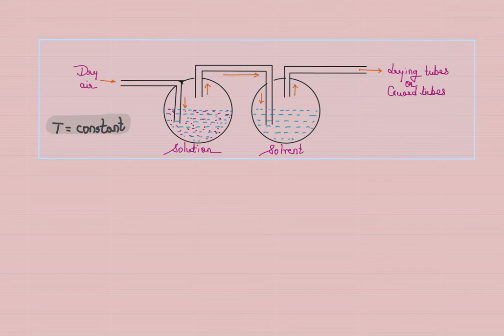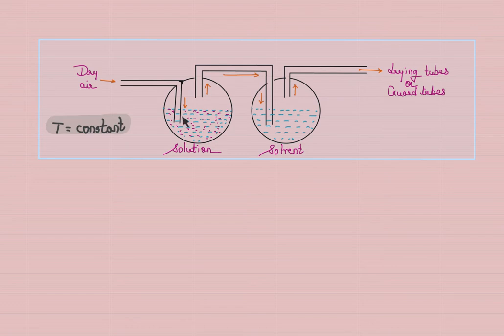Now, you can see that there is this dry air which is made to pass through this first bulb. This first bulb has solution in it, which means the solvent plus solute added to it, and it has been pre-weighed.